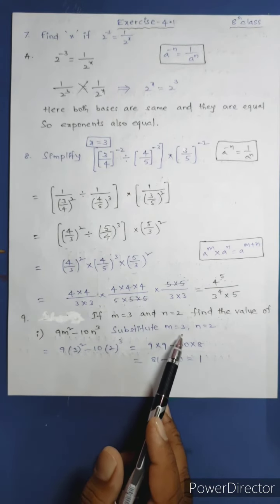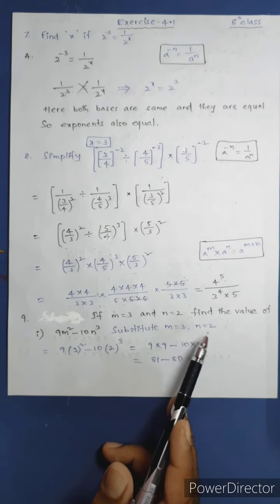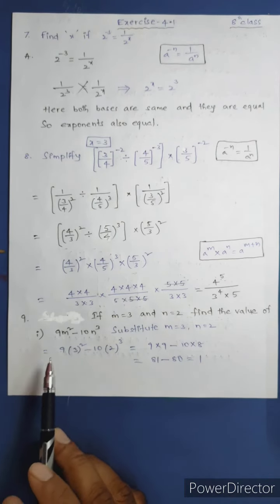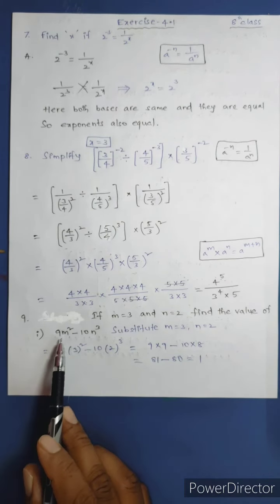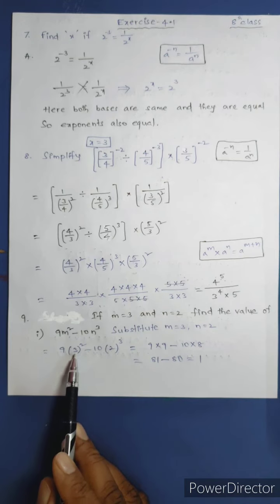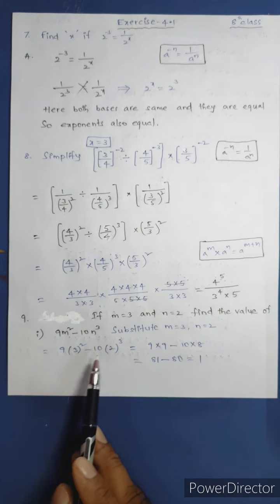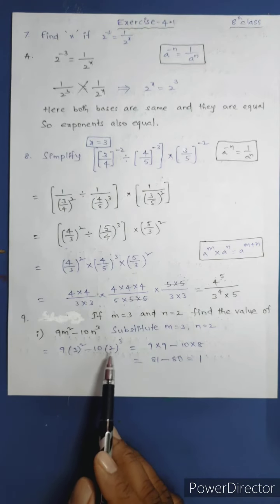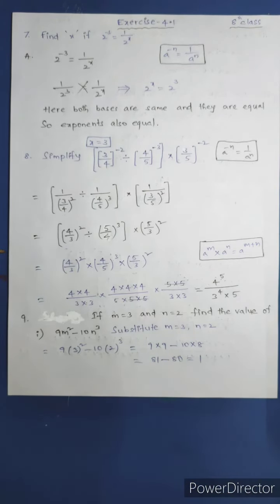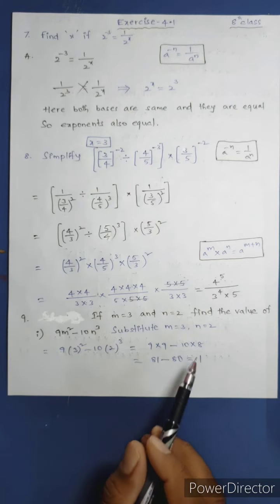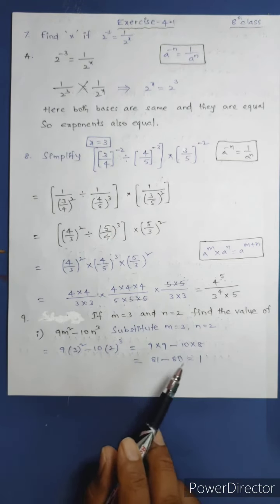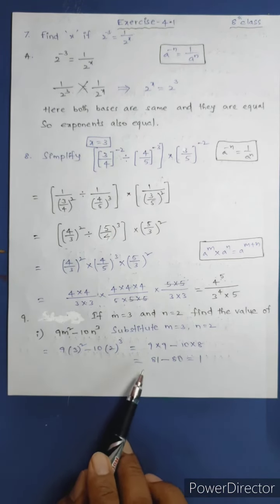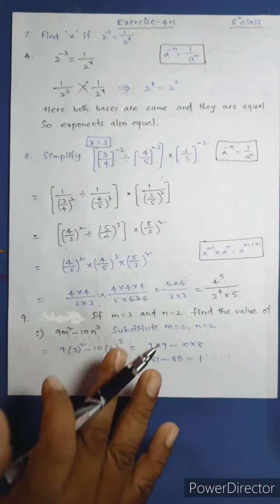Substitute m is equal to 3 and n is equal to 2 in the given term. 9 into 3 square minus 10 into 2 cube, 2 into 2 into 2, 2 2s are 4, 4 2s are 8, 9 9s are 81, 10 8s are 80, 81 minus 80 gives 1.